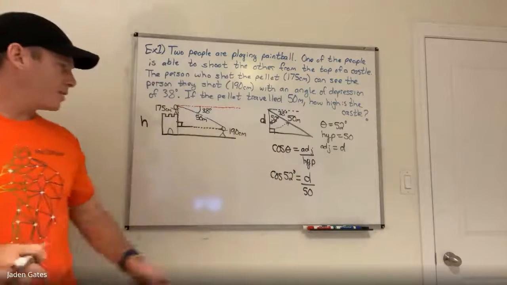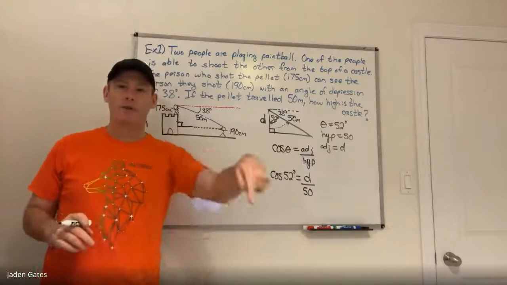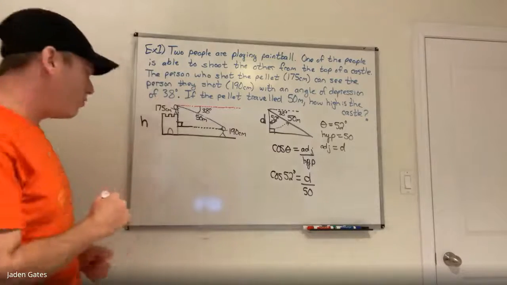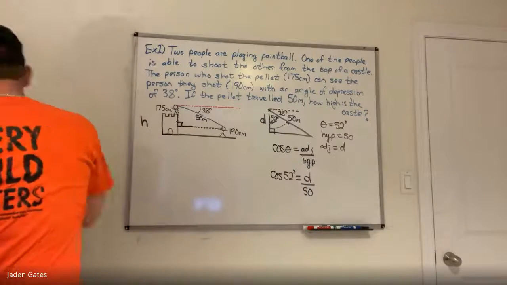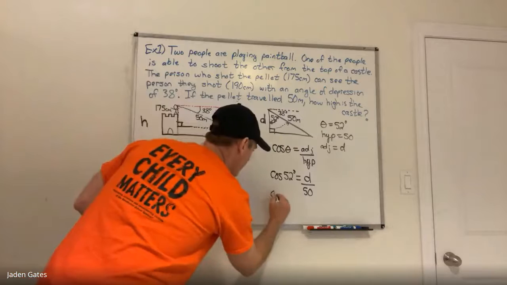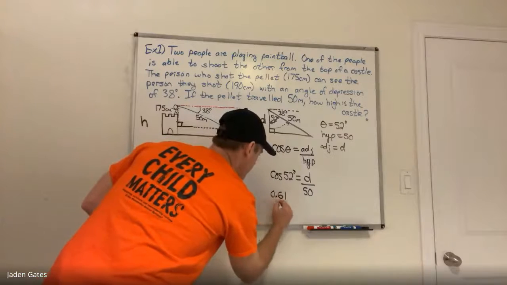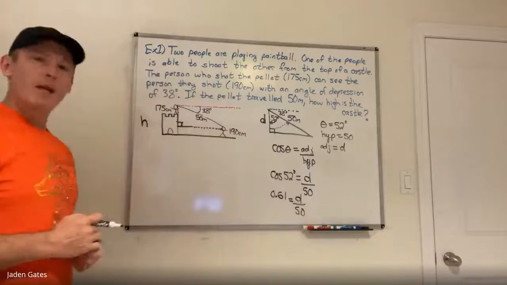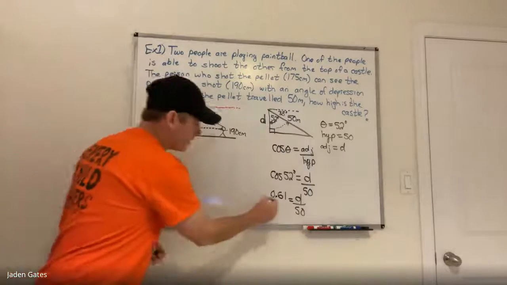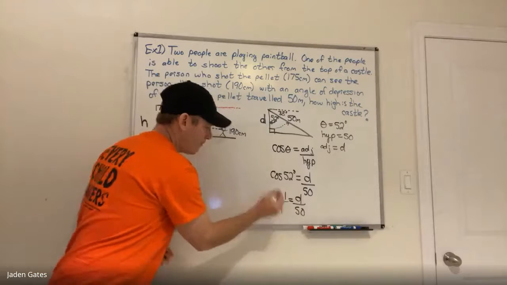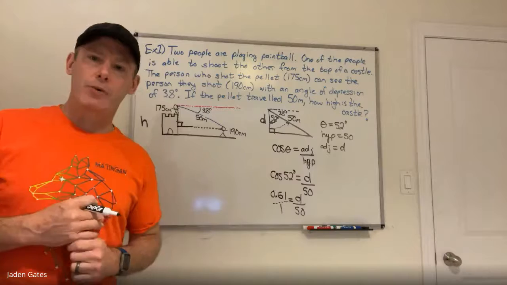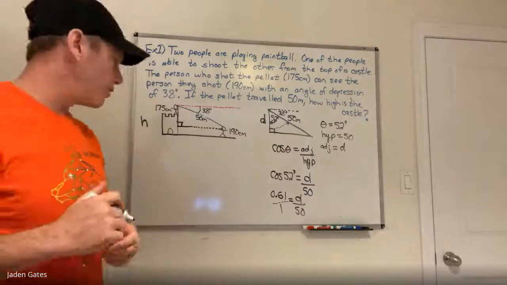So again, this is where in my calculator I hit cos 52. Got to make sure it's in degree mode. If I hit cos 52, I get 0.61 equals my D over 50. And again, this is from last week, where I now create, on purpose, a fraction equaling a fraction, because when I have a fraction equaling a fraction, I can cross multiply and solve.